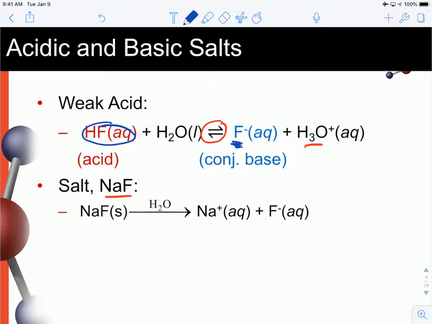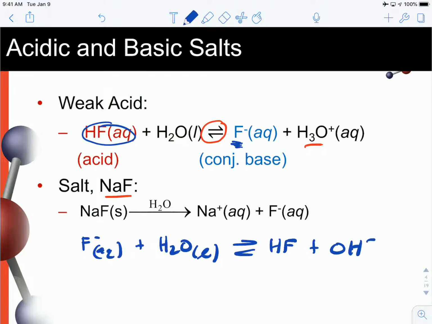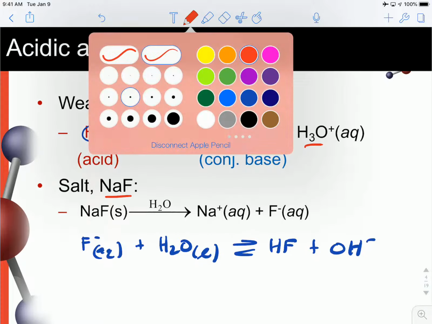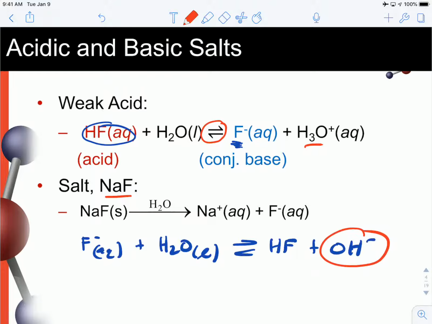Now, what you have to realize, since it is a weak base, it has the potential then, if we write this in solution here, F negative aqueous, has the potential simply to react with the water, right, to form HF plus OH minus, because that is effectively what we define a base as, the ability to produce these hydroxide ions.